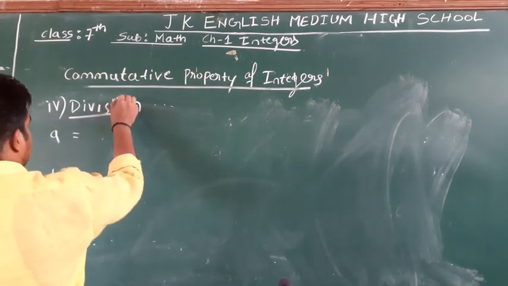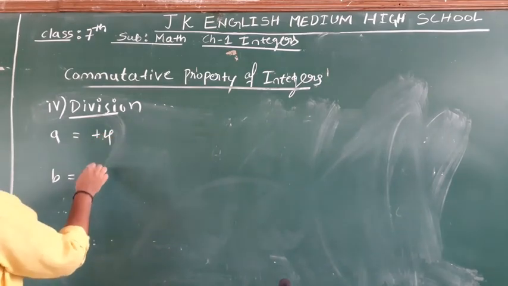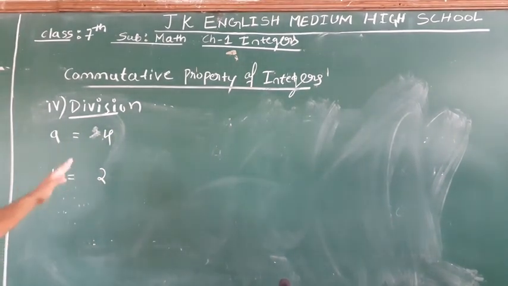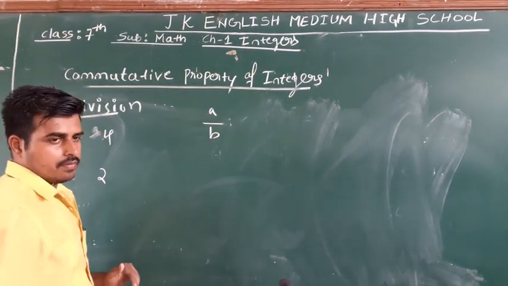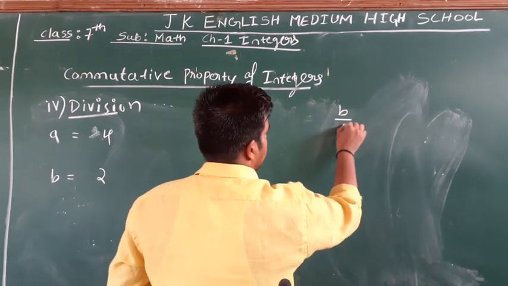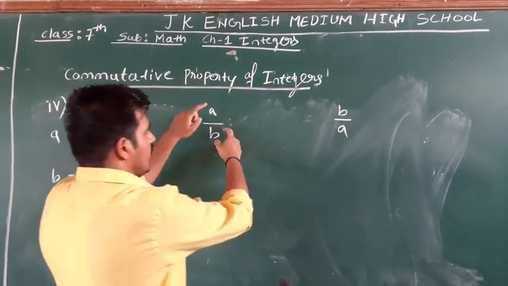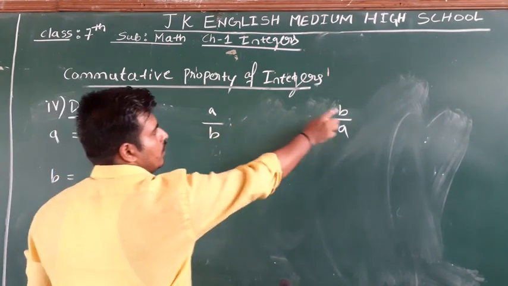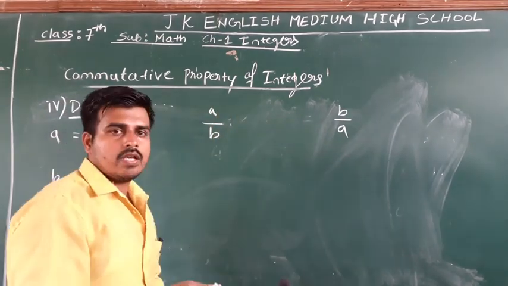Division, let's see. A say plus 4, both are positive only, 4 and 2. Here I have to check a by b, here I have to check b by a. I changed the operands. I send the b which is in the denominator to the numerator and a which is in the numerator to the denominator.